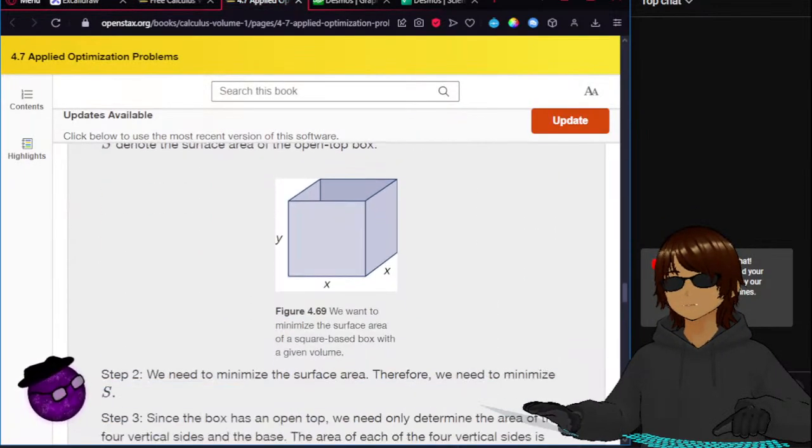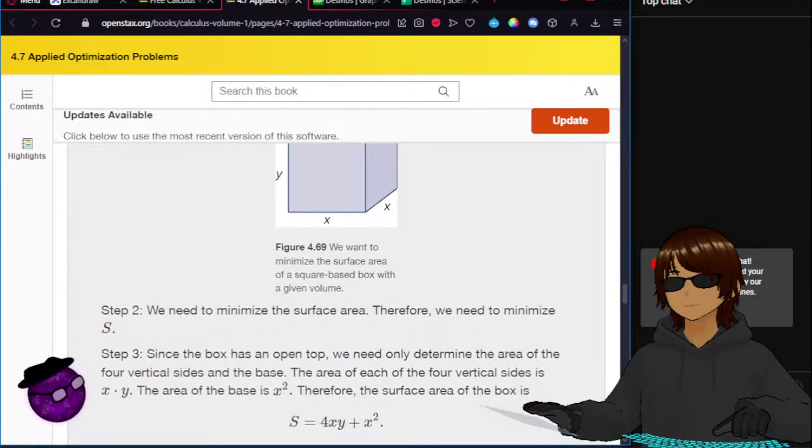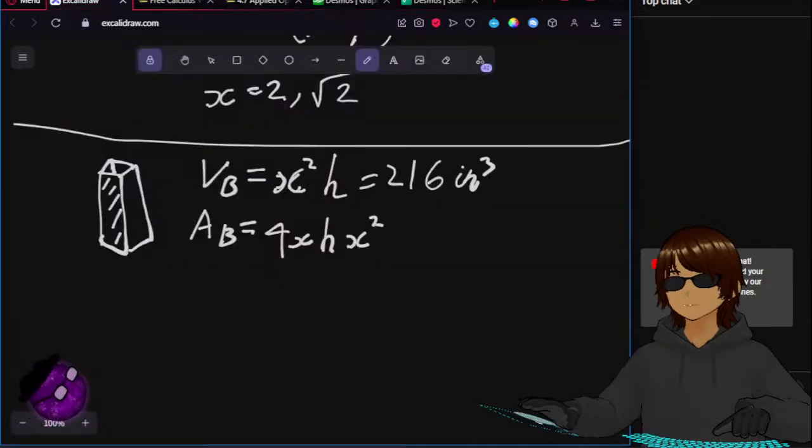Square donate surface area plus x squared. No, the inside doesn't count. Plus x squared.